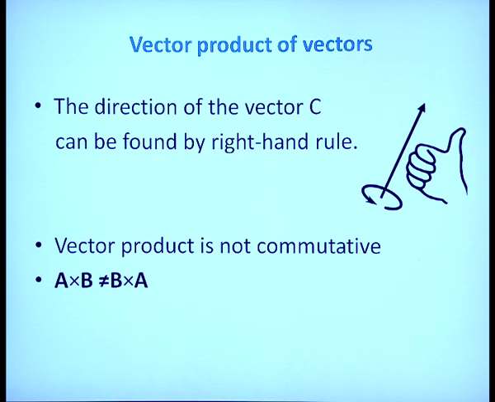Hence, A cross B is in upward direction and B cross A is in downward direction. Hence, we can say the vector product is not commutative. That means A cross B is not equal to B cross A, or we can say A cross B is equal to minus of B cross A.